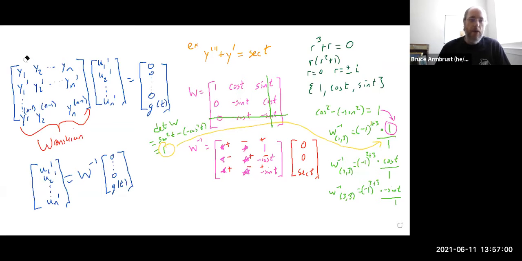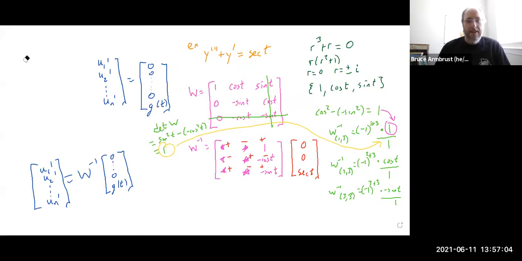Okay, so we're almost there. I mean, there's still quite a few steps here, but we've done, I think, mostly the bulk of the work by finding that inverse. Right? So let's take that inverse and multiply it by the 0, 0 secant. So obviously we're going to get 1 times secant.